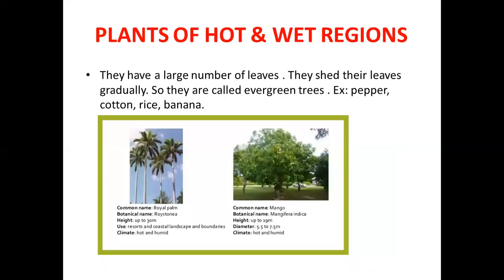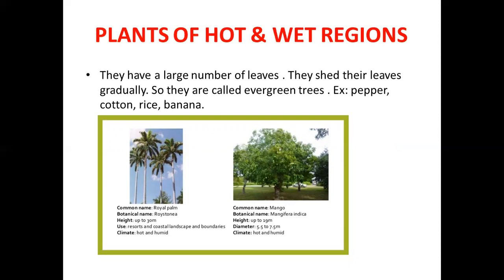And next type is plants of hot and wet regions. Trees like teak, rubber, coconut, all these trees are found in hot and wet regions. And these generally have a large number of leaves. Branches are there, so a large number of leaves also will be there.